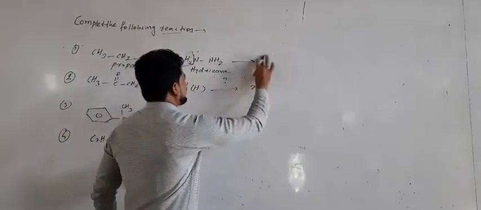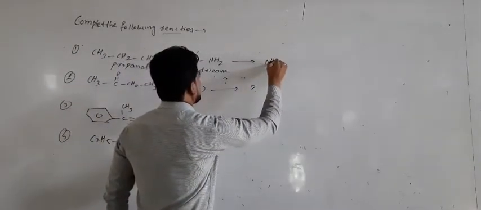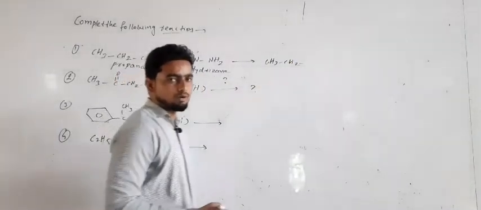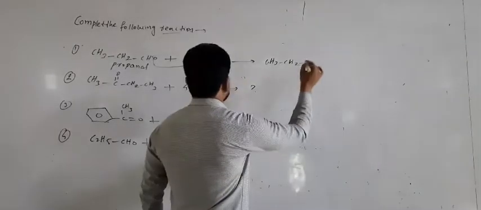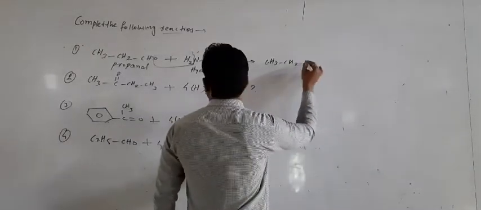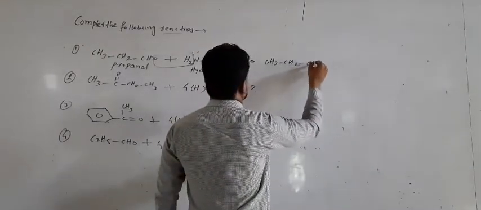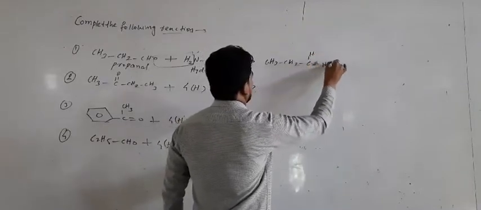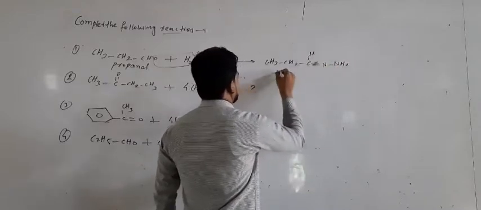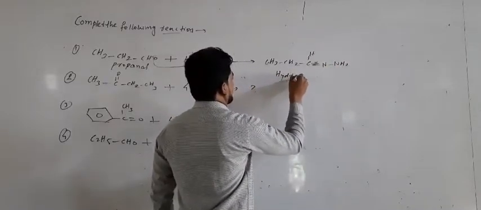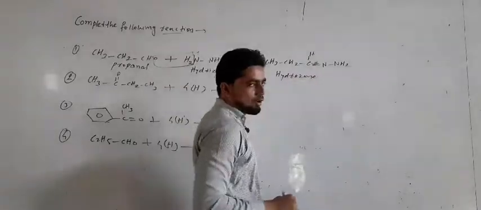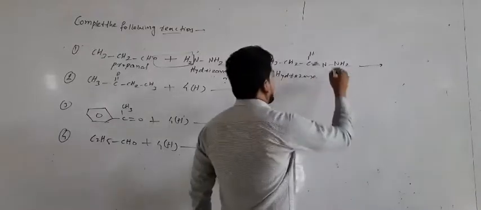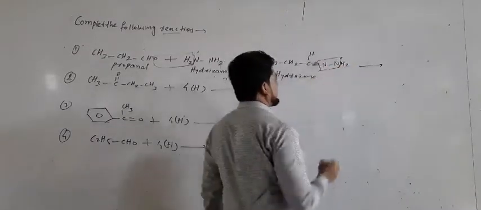So we get CH3 as it is, CH2 also as it is, and the remaining part we add CH double bond N attached to NH2. It is called hydrazone.